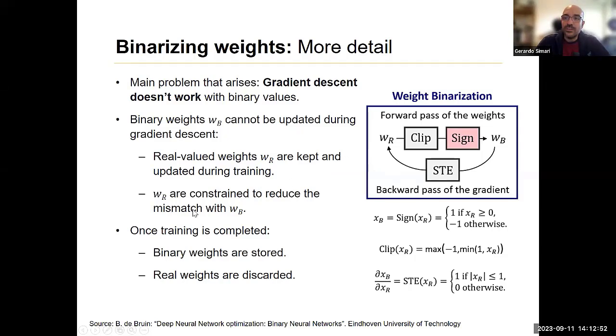The clipping is done so that you can reduce mismatches with the binarized weights. And then once the training is completed, you can throw away the real weights and just keep the binaries. That's where the full benefit of the cheaper computation is going to pay off.